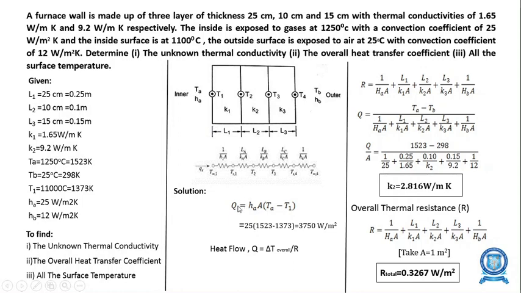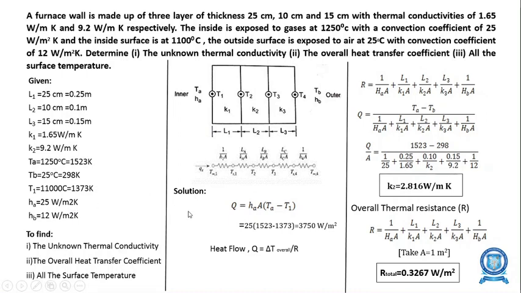Hence, I have written Q is equal to h. The suffix A represents the inside and suffix B represents the outside surface. Okay, h into area A into (TA minus T1). Here the hA value is given in the problem as 25 watts per meter square Kelvin.